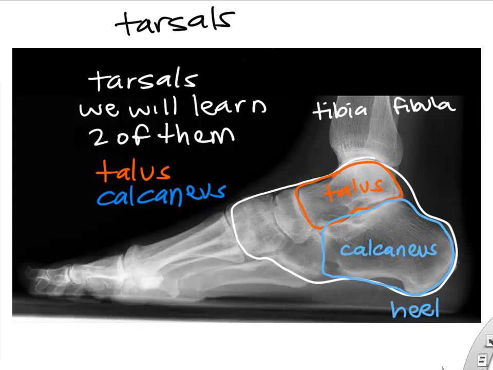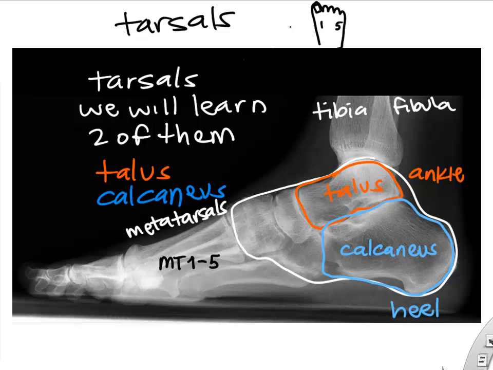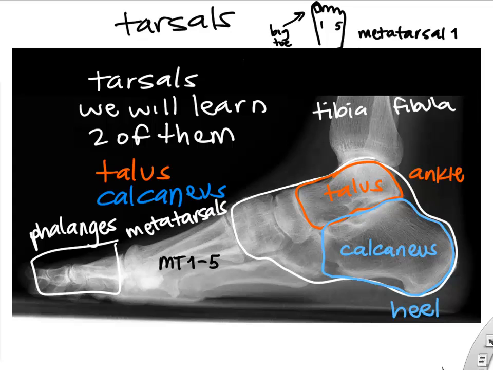All right, so you may have heard of your calcaneal or Achilles tendon or calcaneal tendon, which attaches to your calcaneus. We've got metatarsals. Again, they're named 1 through 5, just like your metacarpals. The big toe is metatarsal 1, and then the pinky little toe side would be metatarsal 5. So metatarsal 1 is always on the big toe, and then we've got phalanges, just like our fingers and our toes.